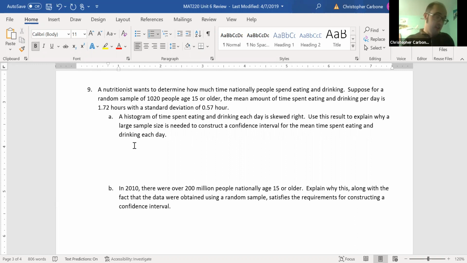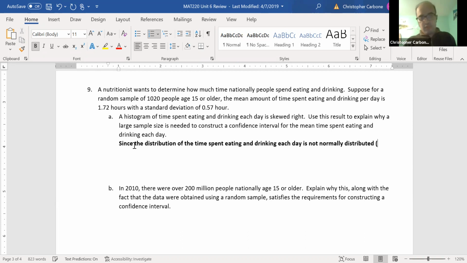And when we say large, again, that means at least 30. This would be since the distribution of the time spent eating and drinking each day is not normally distributed. Why is that?